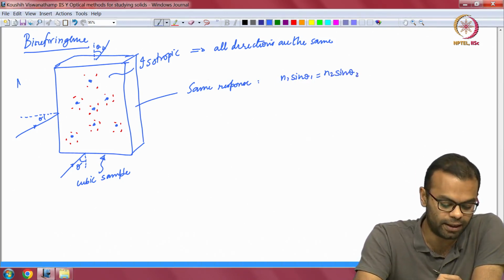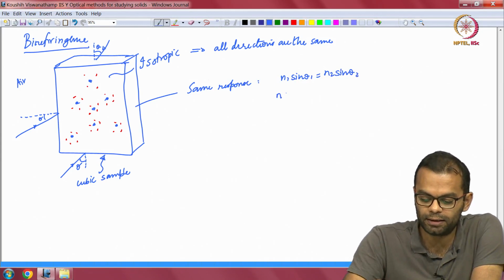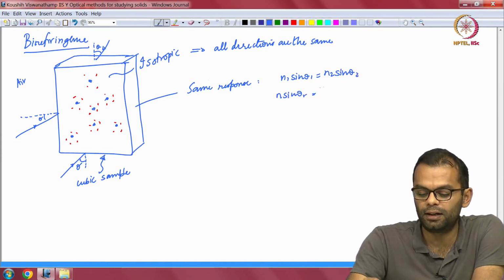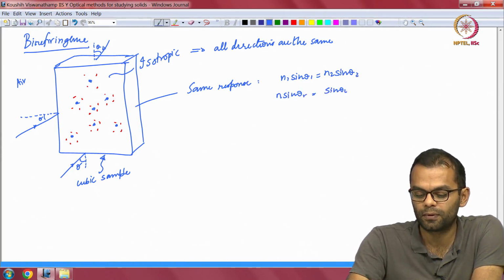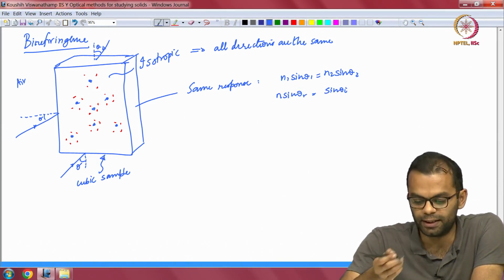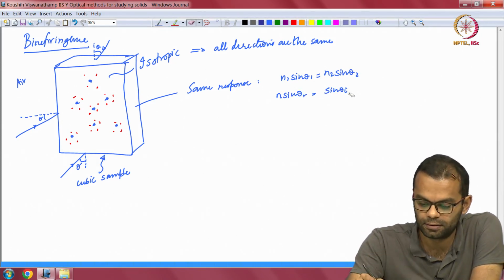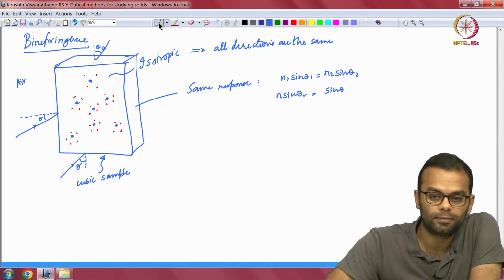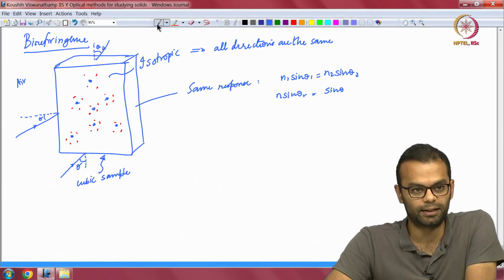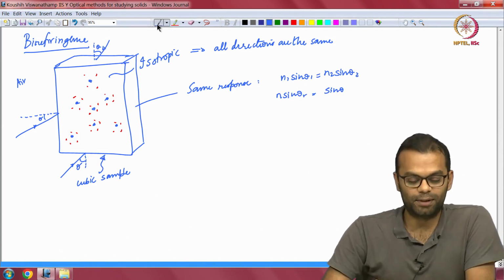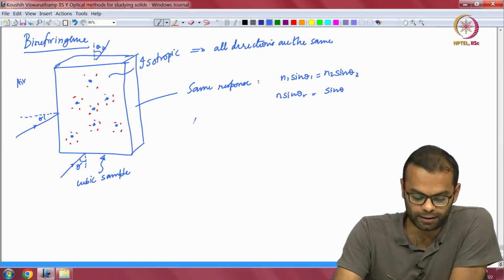If you assume that this is air, then you get n sin theta r is sin theta i, which is theta here. So, I will just call it theta. The direction does not matter, but this will change if you have anisotropy in the material.